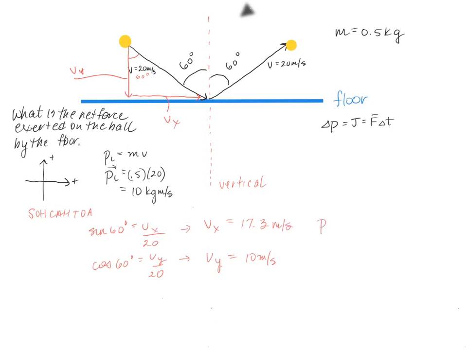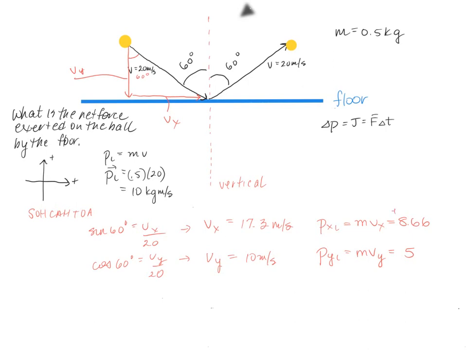That means Px initial is equal to mVx, which is equal to 8.66, and Py initial is equal to mVy, which is equal to 5. Now we have to make sure we take into account the signs here.